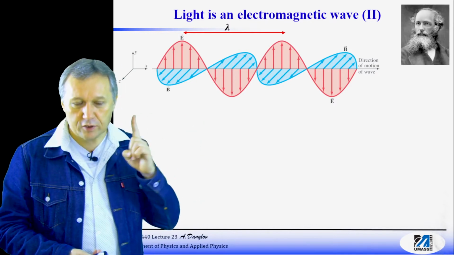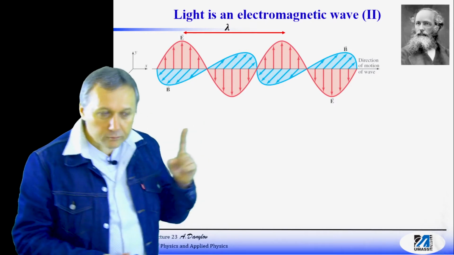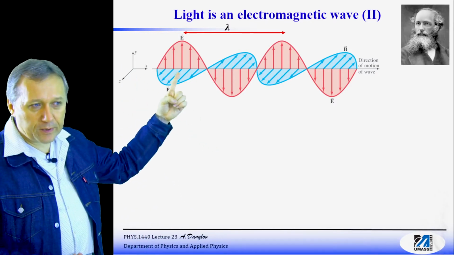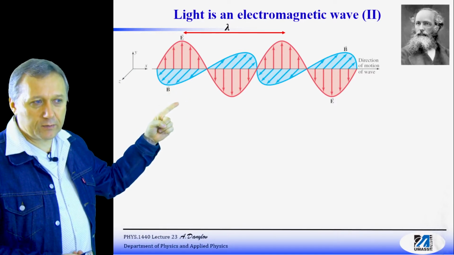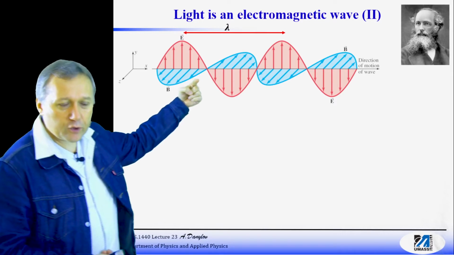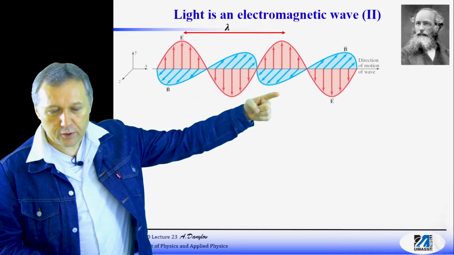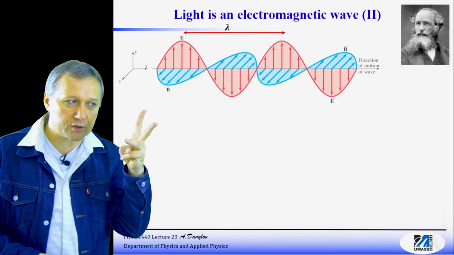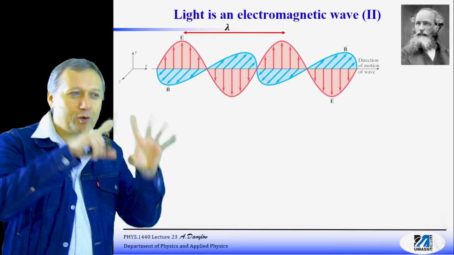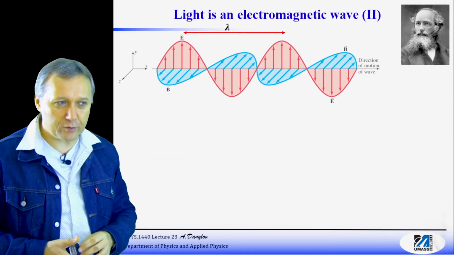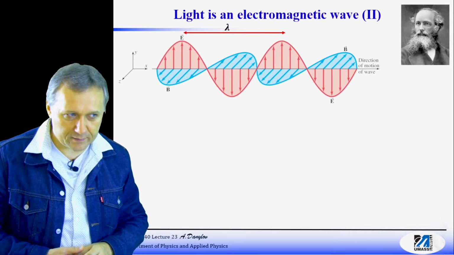Another very important thing: the electric field oscillates in the y direction, the magnetic field in the z direction. They are perpendicular, and the direction of propagation is the x direction. So you see all these three directions are mutually perpendicular, and it's not by accident.